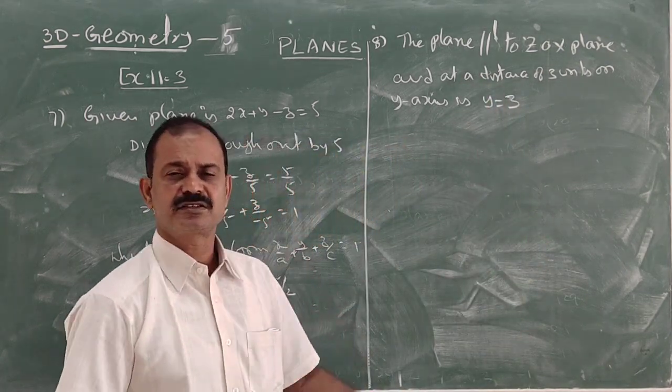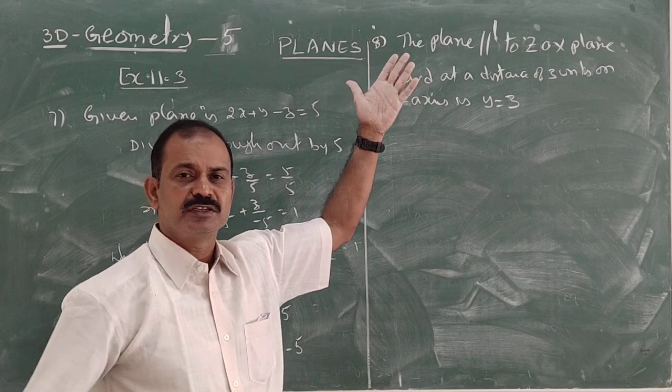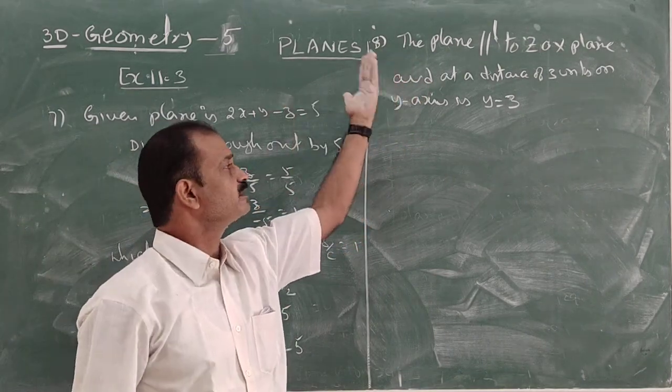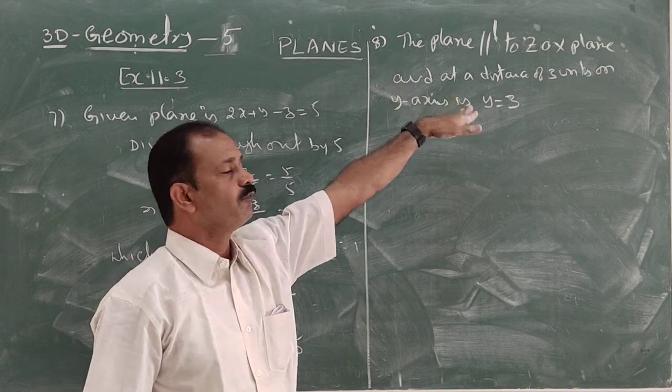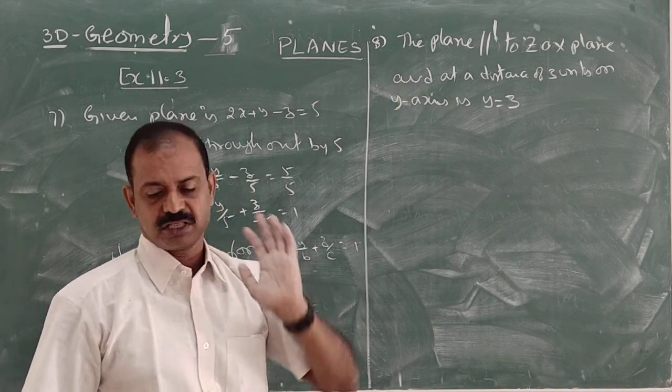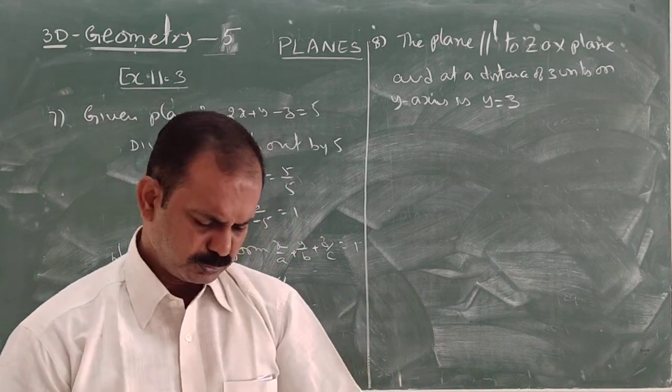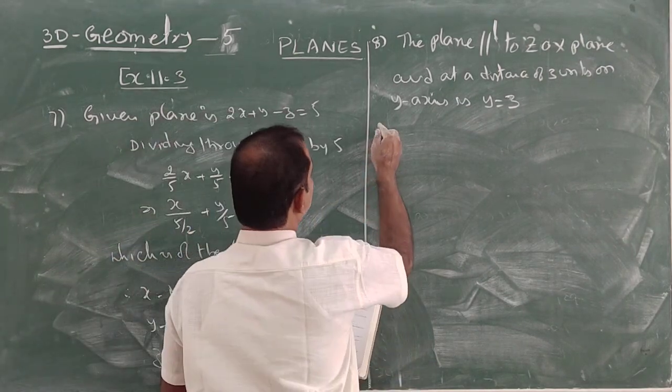That's all, nothing else, nothing to say, nothing to prove. A plane parallel to ZOX plane is nothing but y is equal to k. The distance is already given, therefore y is equal to 3 is the direct oral answer. Next, come to the ninth problem.